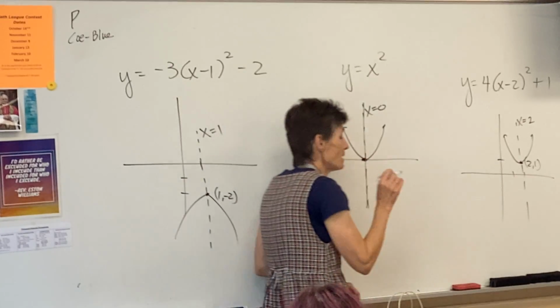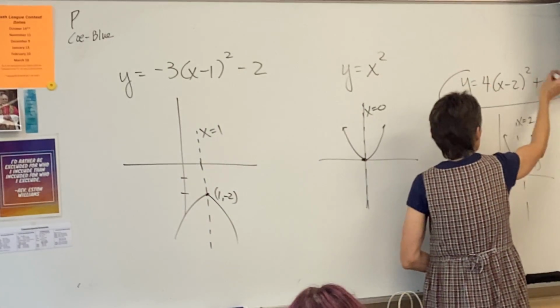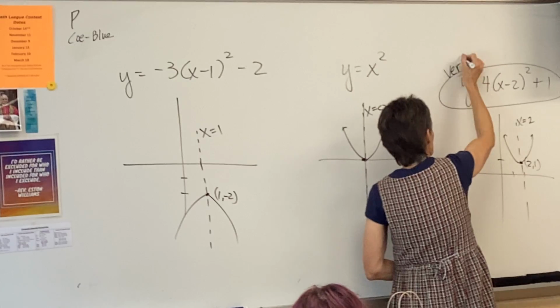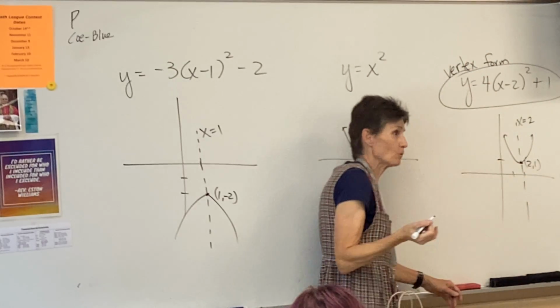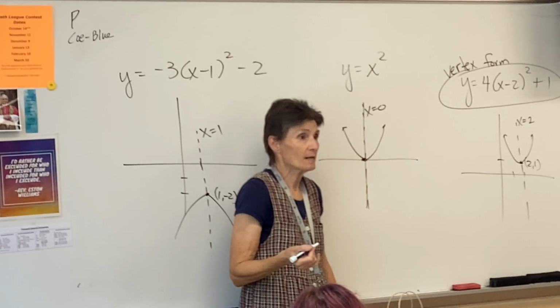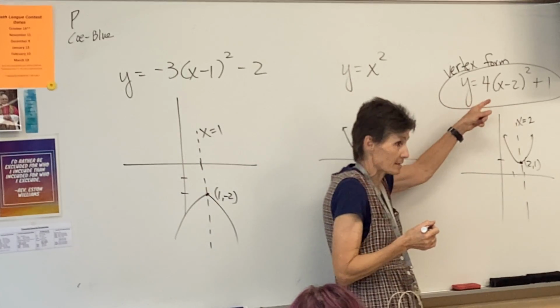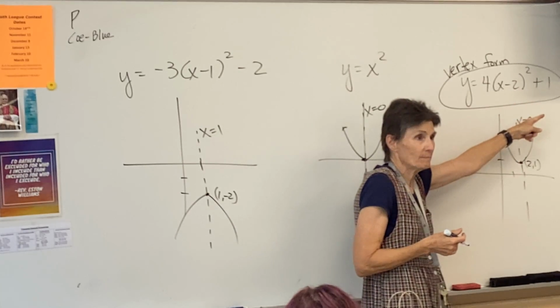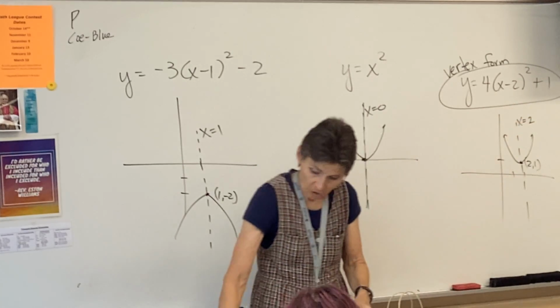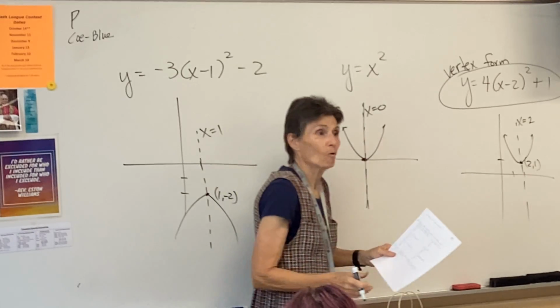This form right here is called vertex form, and it's called vertex form because you can look at it and see the vertex, right? Right 2, up 1. Look at the equation in number 4A.